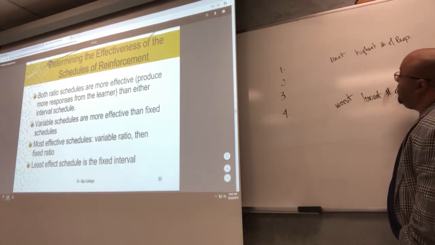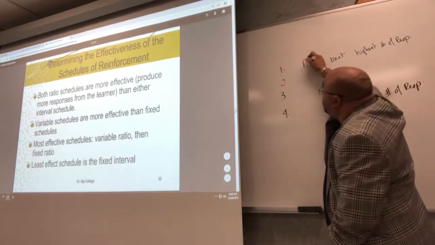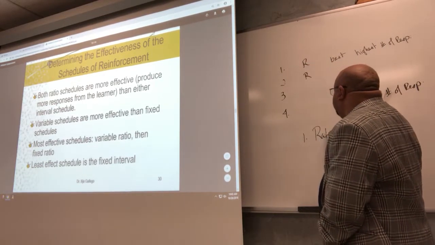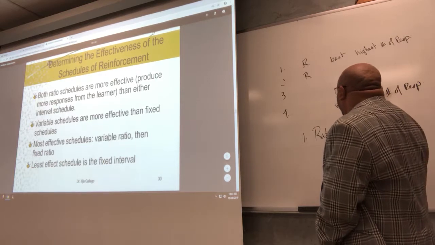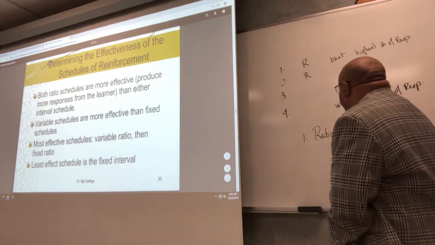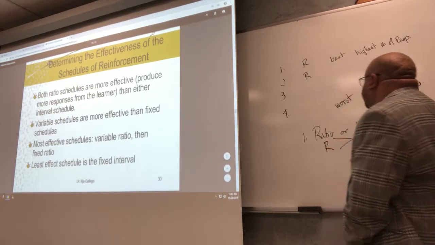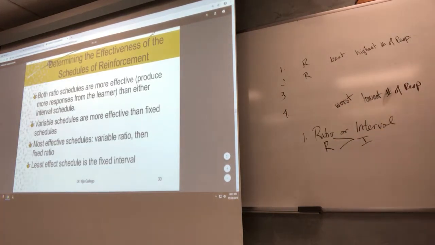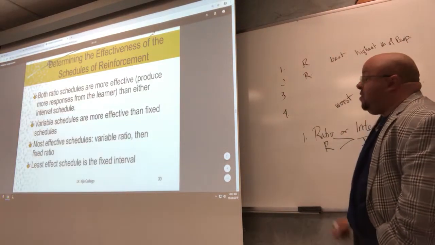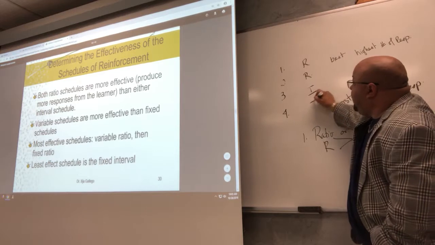from your learner. Okay, so the first two are ratio. So the first question you ask yourself is, is it a ratio schedule or an interval? Because ratio schedules are always better than interval schedules. They get more responses, okay? So the first two types will be ratio, and obviously the second two will be interval.